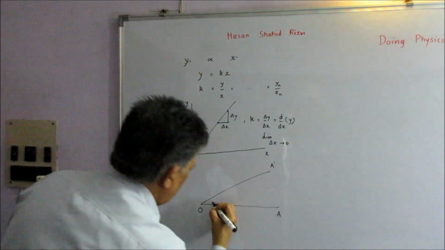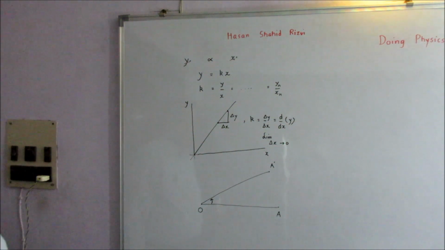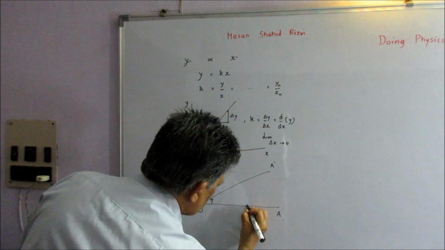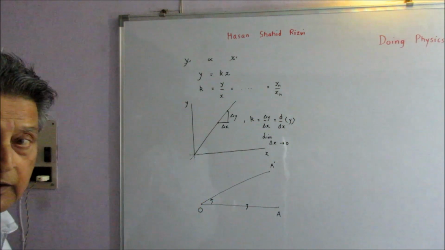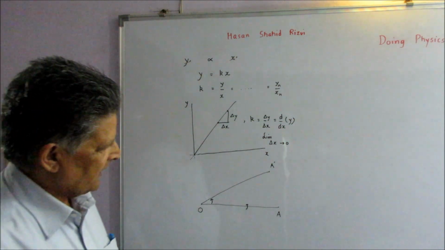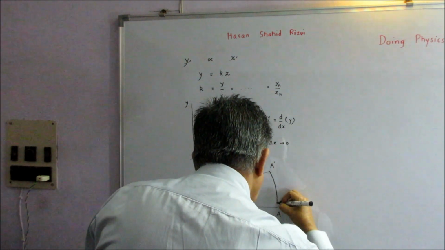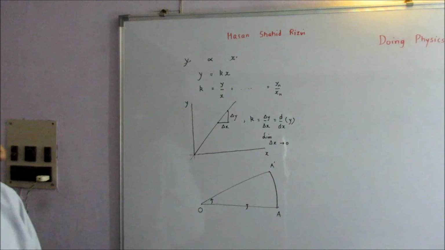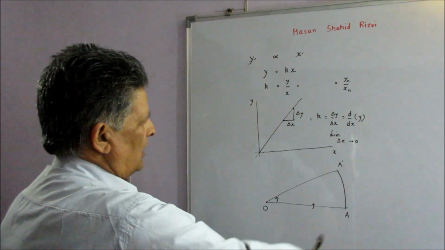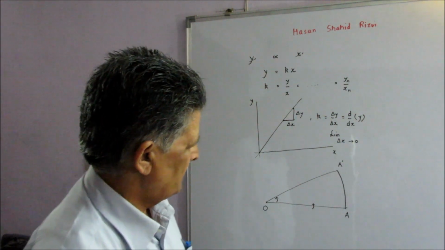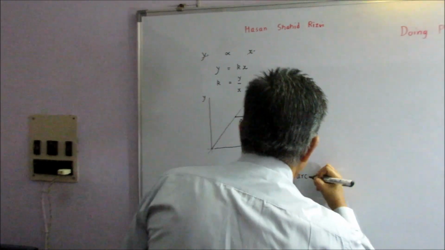And it has been obtained by rotating this in the counterclockwise direction, like this. And what it results in is an arc, which is the part of a circle, because if it goes around like this, we'll get a circle. So this is, I'll just write A R C, arc.